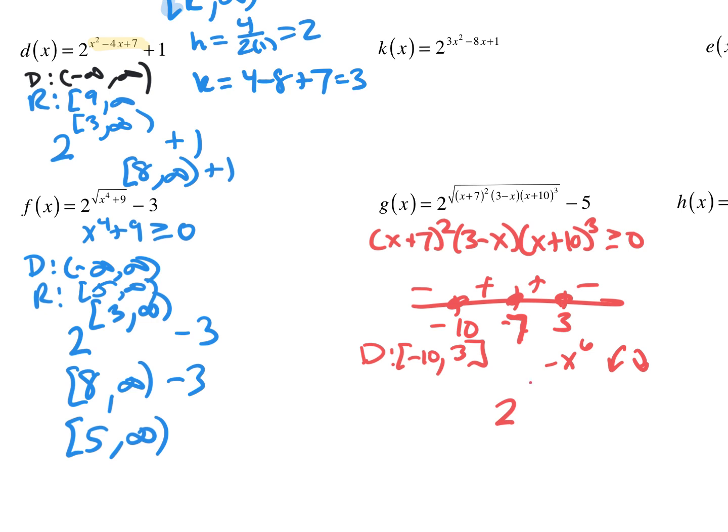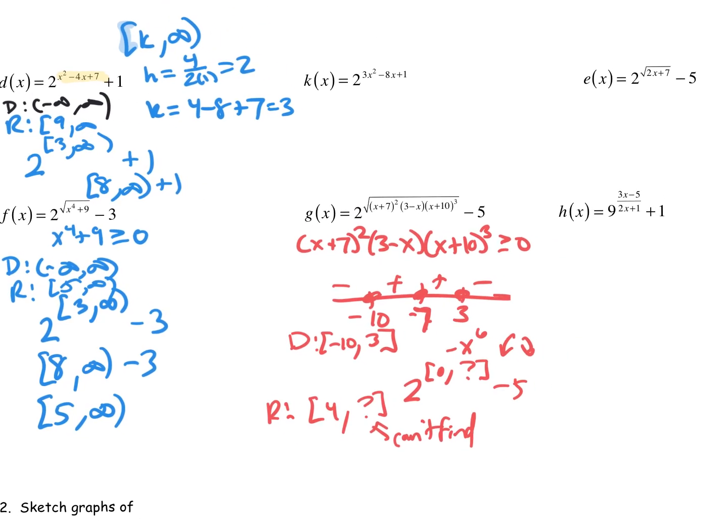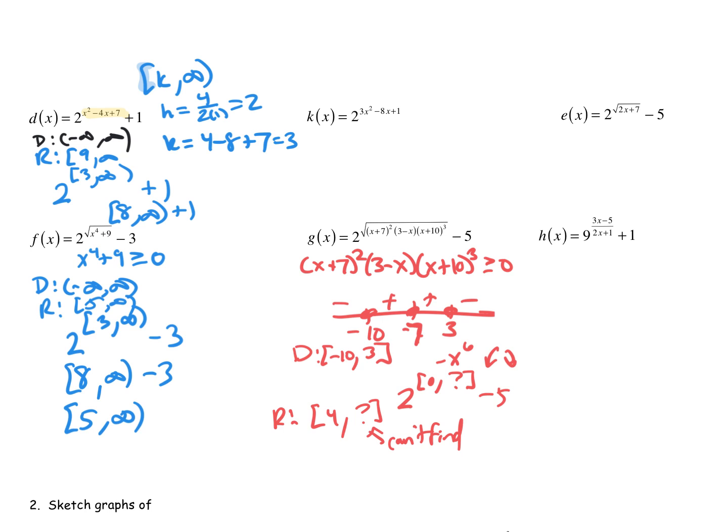I do know that because it's in the square root, the low will be 0. And then we've got this question mark finite number, minus 5. 2 to the 0 is 1, and minus 5 is negative 4. So it would be negative 4, comma, question mark. Can't find this, because again, that's the case of that high value.